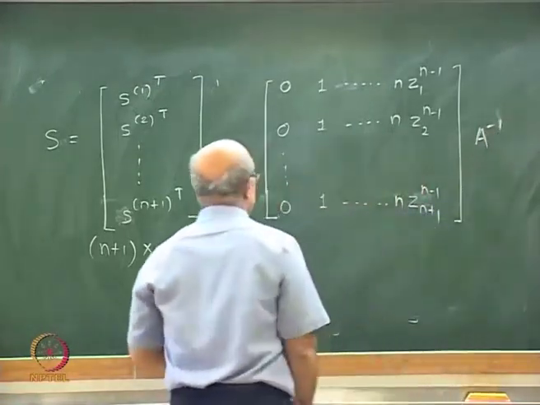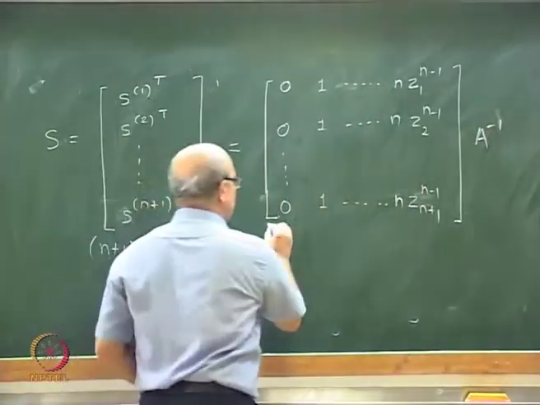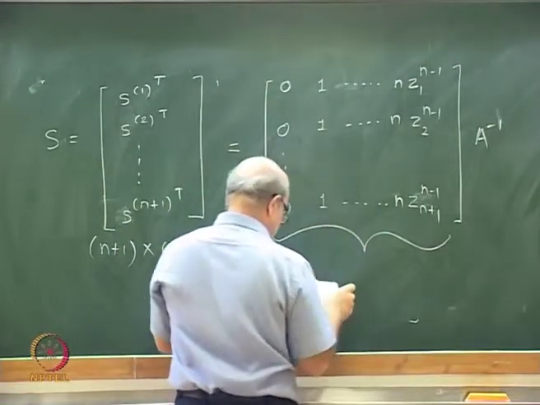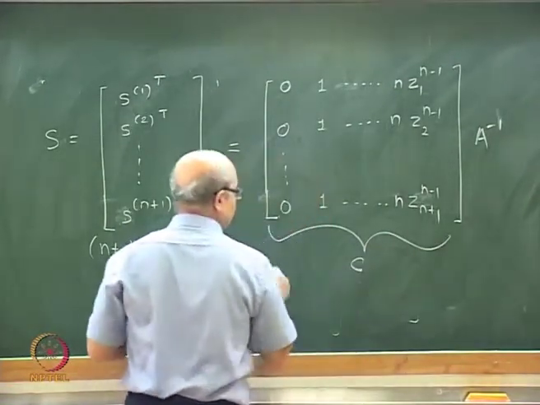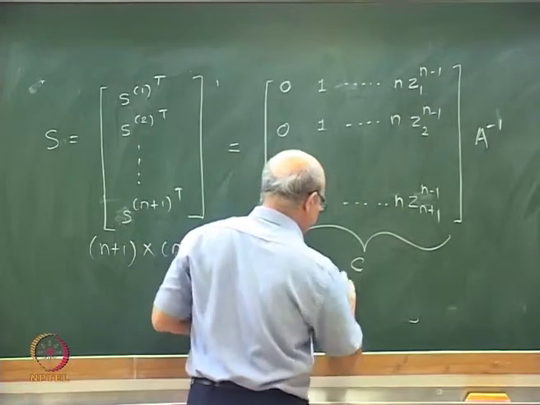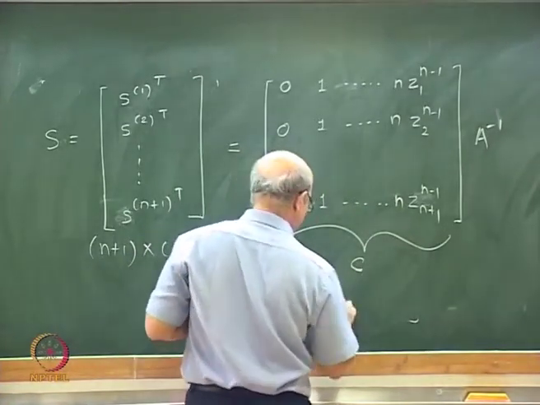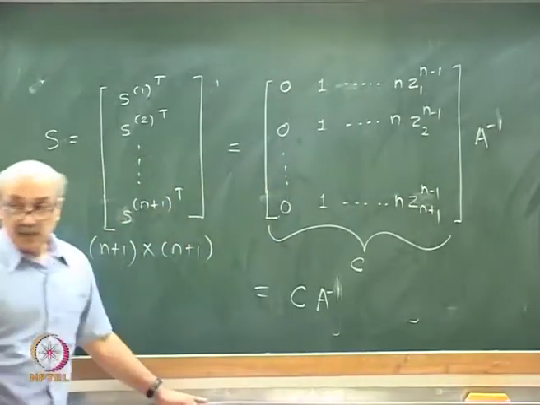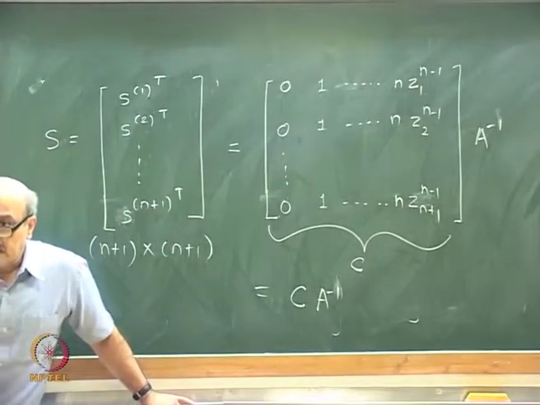If I decide to call this matrix the C matrix, then S is equal to C times A inverse. Well, how was our A matrix defined?